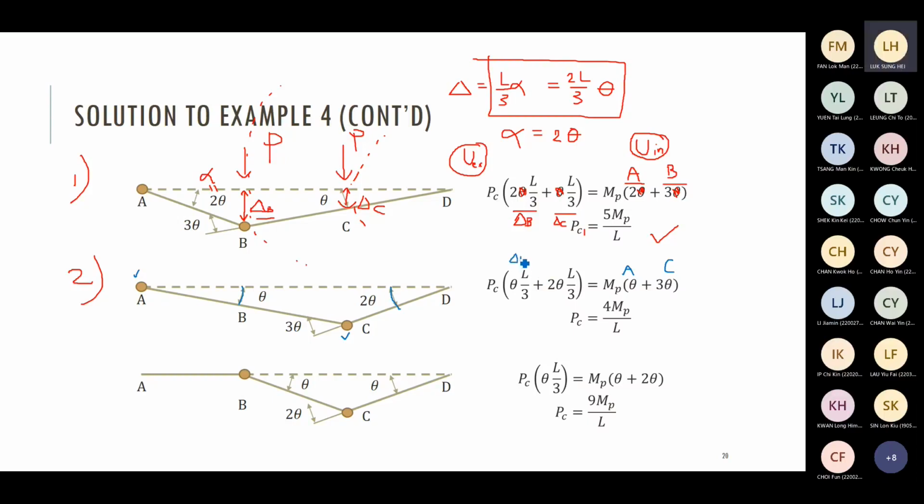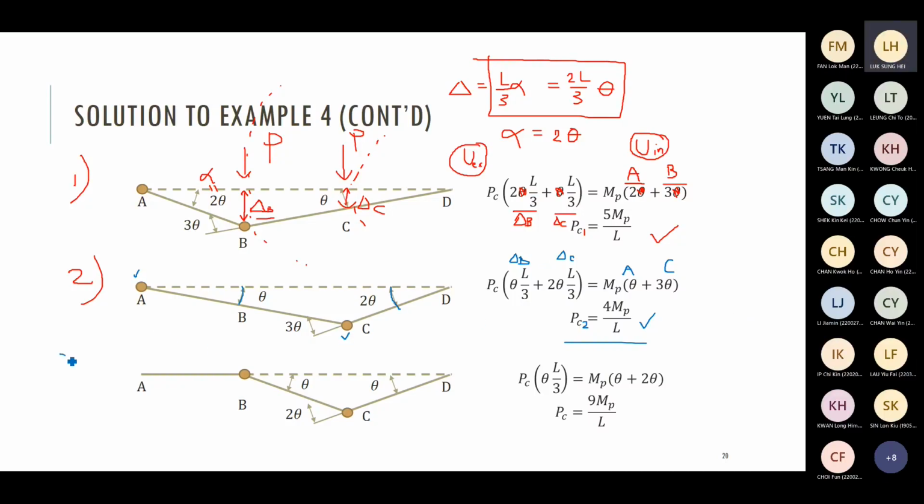Find out delta B and delta C. Equate the external work and internal work together. Then you can find out our collapse load. The collapse load for case 2 is equal to 4 MP/L. It seems that this one is more critical at this moment because it's smaller.